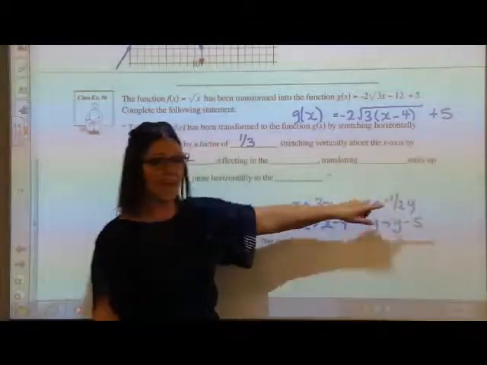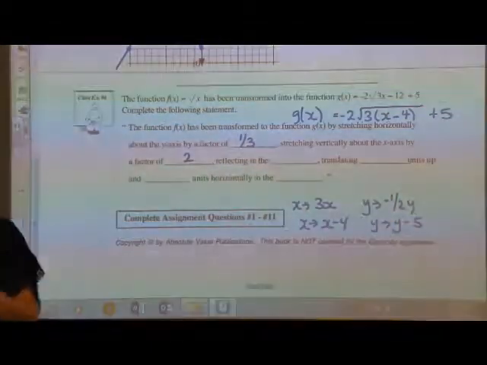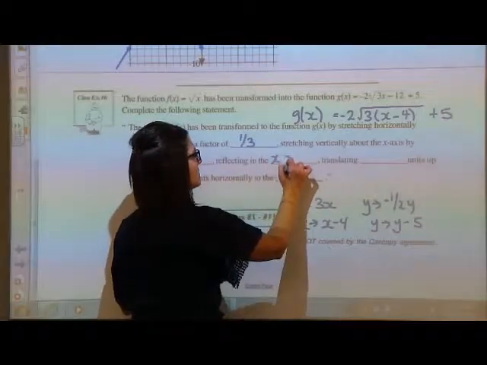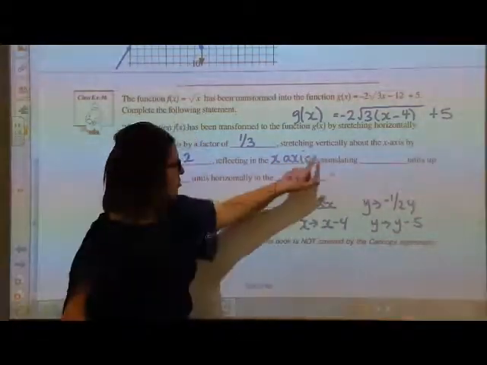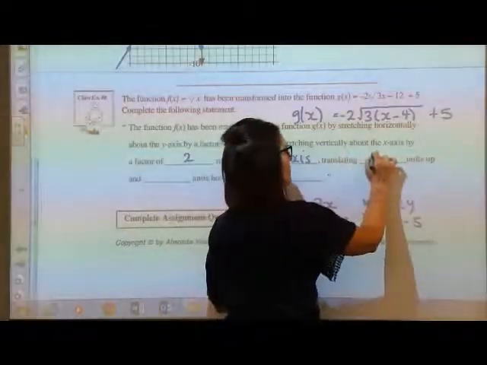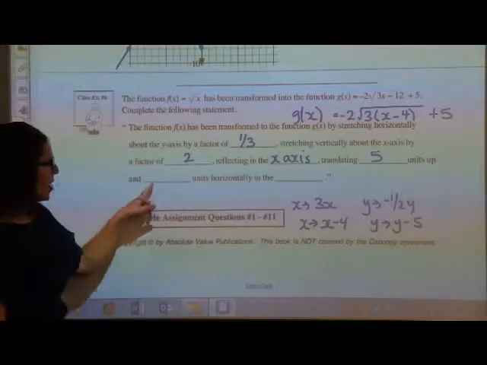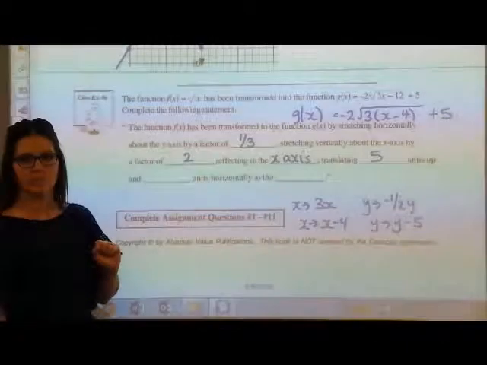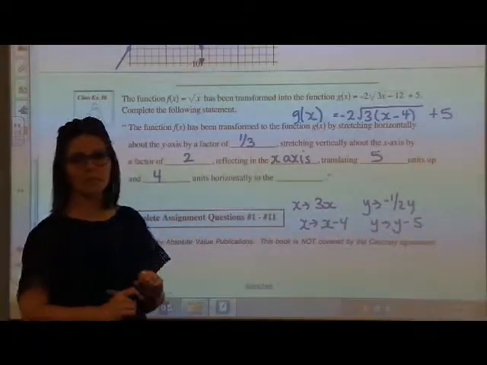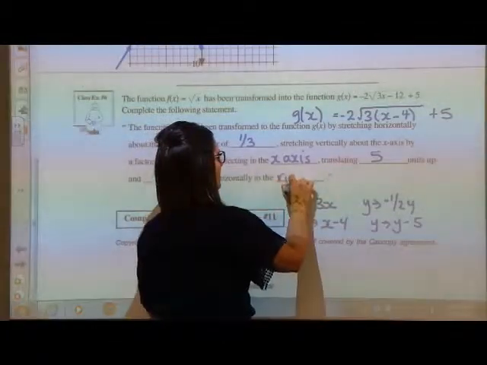And because this is a negative, I have a reflection in which axis? The x-axis. Translate how many units up? And how many units horizontally? 4. Which direction? Good.